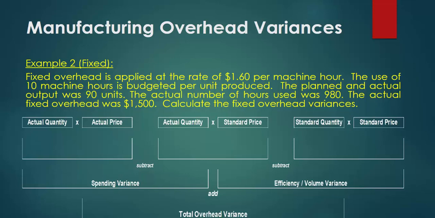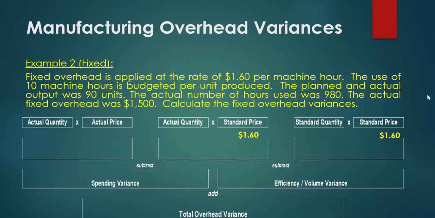So we're going to go through the same process that we did earlier. Going back through the problem, it says fixed overhead is applied at the rate of $1.60 per machine hour. That is my standard price, and I plug it in the second subset and the third subset. Then it says the use of 10 machine hours is budgeted per unit produced.